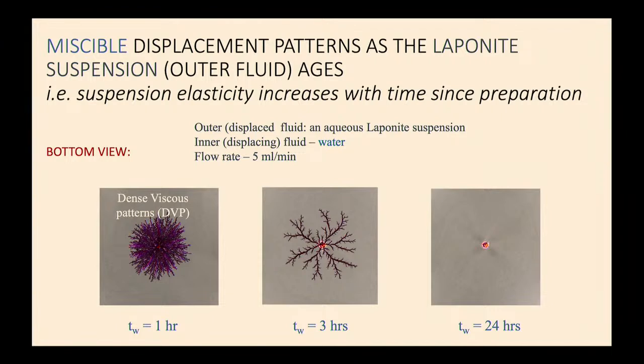Because the fluid outside is viscoelastic, and as you're driving in the water at rather high driving pressures, there is a competition. On the one hand, the tip of every finger is trying to shear thin the clay suspension that it is invading, and on the other hand, there's this driving pressure of water that is trying to broaden the fingers, and that results in the shedding of side branches.